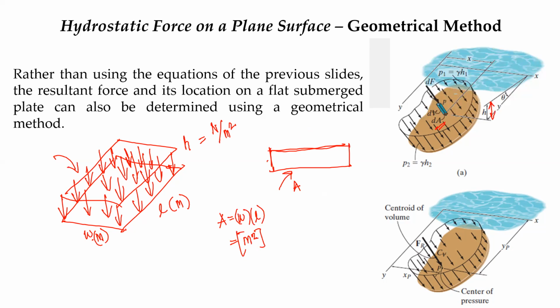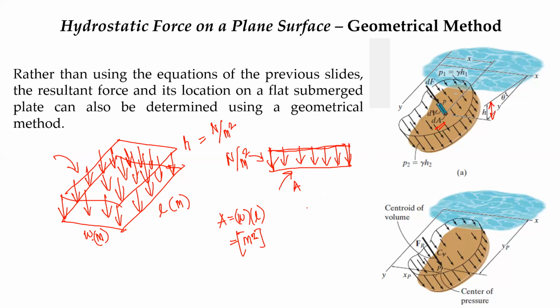Okay. And our height this time, which corresponds to the pressure applied, is Newton per meter squared. So that is why it says here it corresponds to the differential volume.